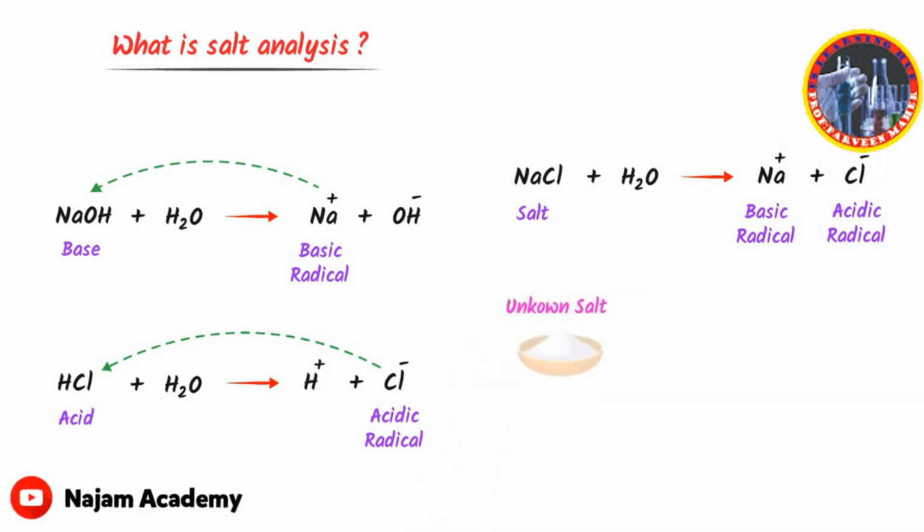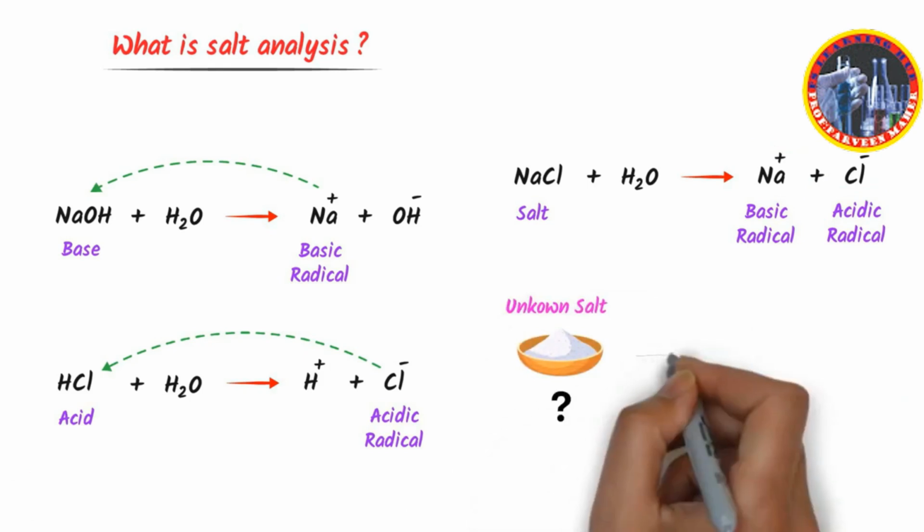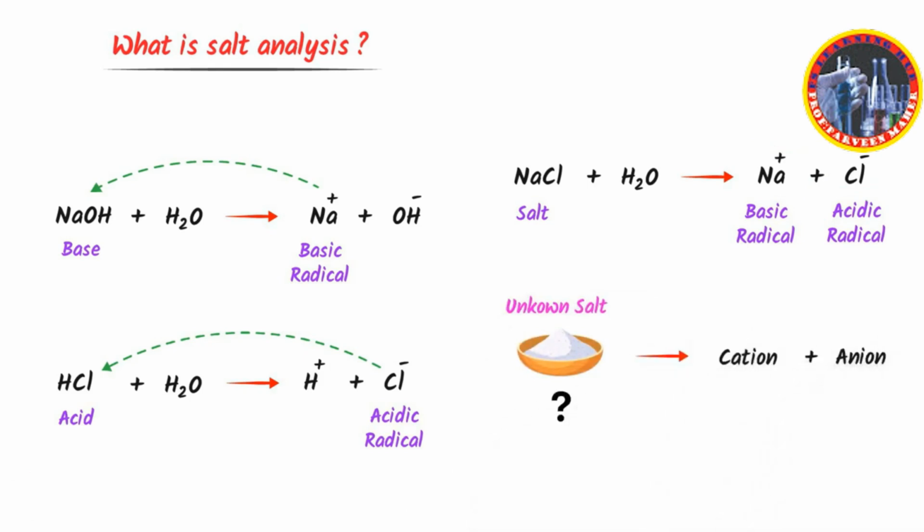Now let me give you an unknown salt and ask you to identify its cation and anion. What will you do? Well, you will simply identify its basic radical, which is a cation, and you will identify its acidic radical, which is anion.